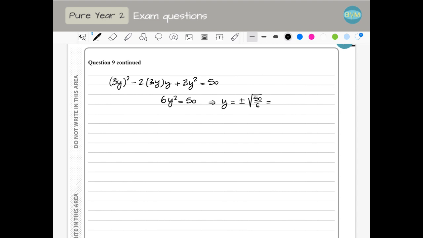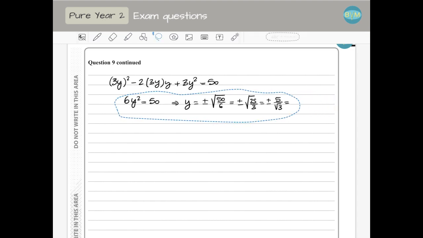If you simplify, it is plus minus root 25 divided by 3, plus minus 5 divided by root 3, or 5 root 3 divided by 3. It doesn't matter at this stage.